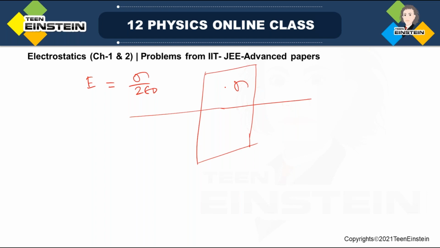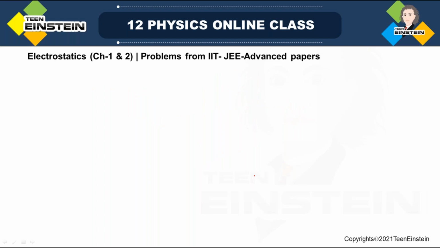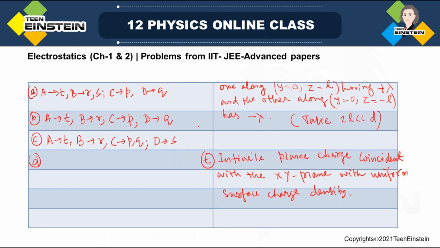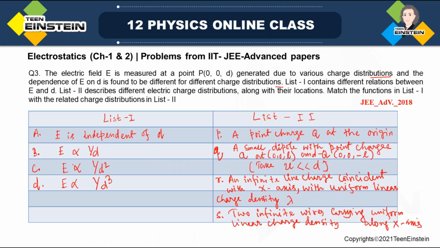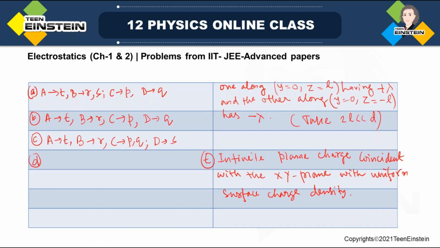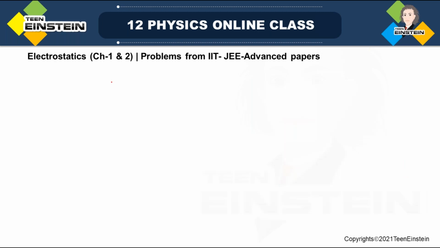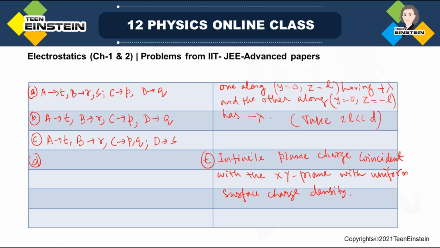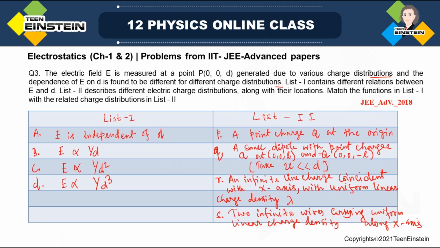If it is positive, the electric field will be radially outward. So A will match with the infinite plane charge coincident with the xy plane. So A is matching with T, that is correct.